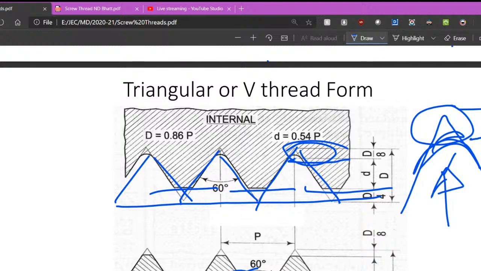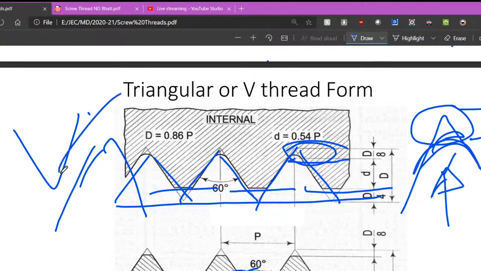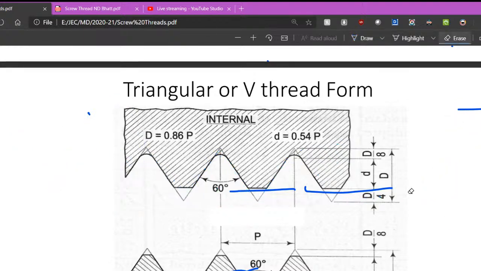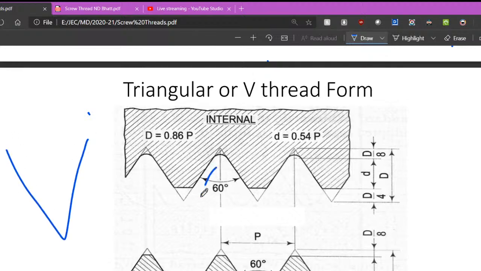At the same time, since the threads are engaging like this, one thread will go inside this, the next thread will go inside this.